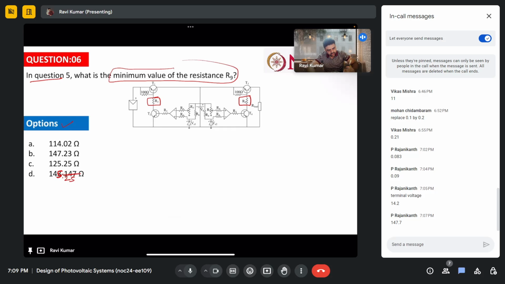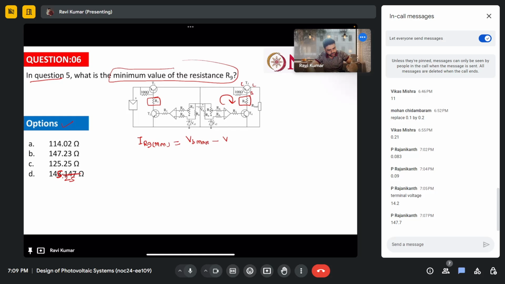Let's see. This is a closed loop like this, and we can write the equation in terms of this IR max. So IR9 max will be equal to VB max minus VCE and VBE.